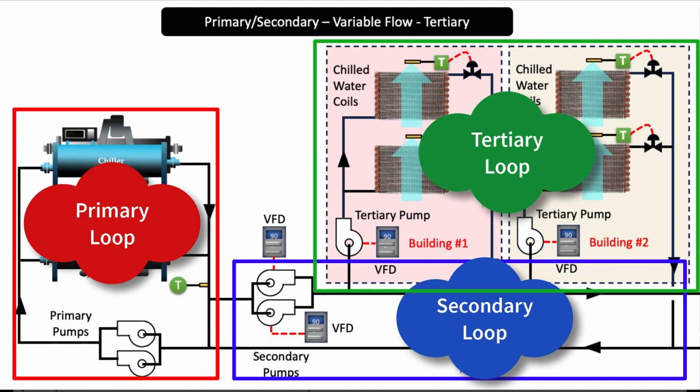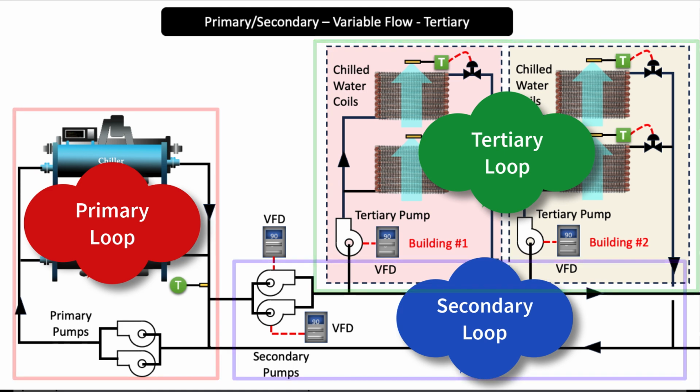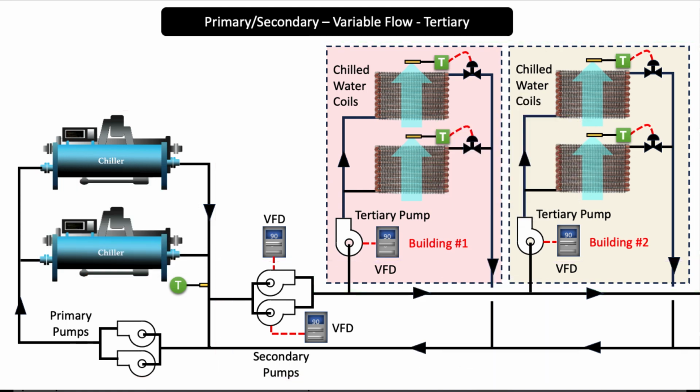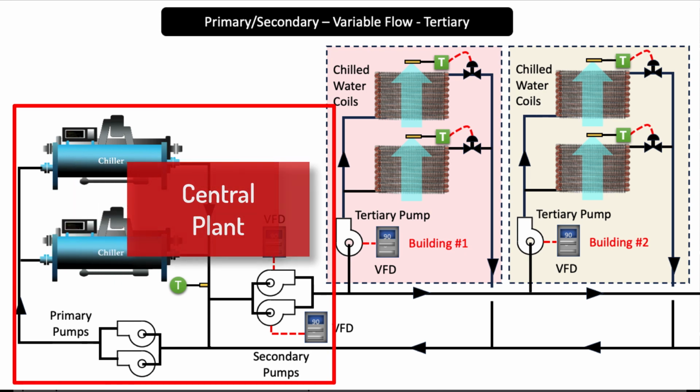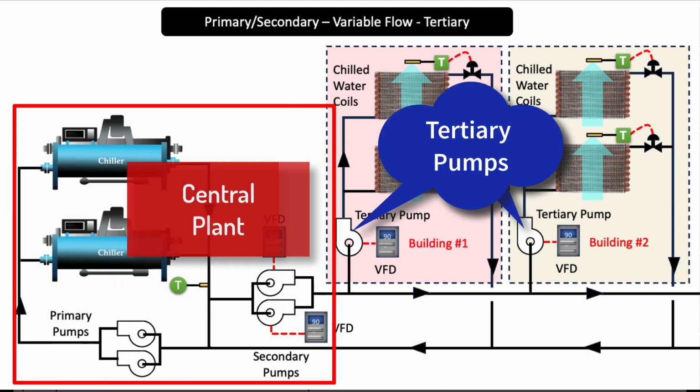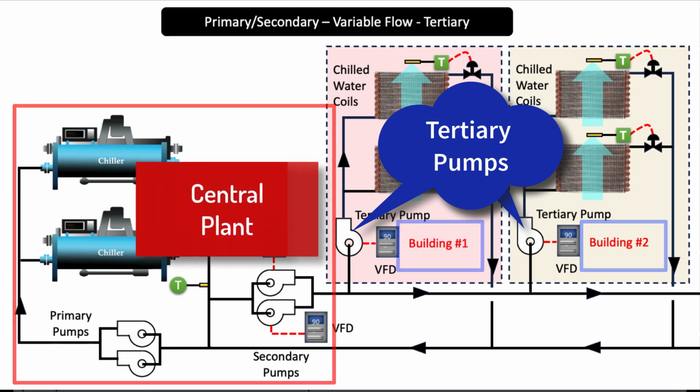This design is employed in large and complex chilled water systems to optimize control, enhance energy efficiency, and provide additional flexibility. The primary and secondary pumps can be located in the central plant, while the tertiary pumps will be located in the individual buildings where the cooling coils are located. Here's an overview of how the system typically operates.